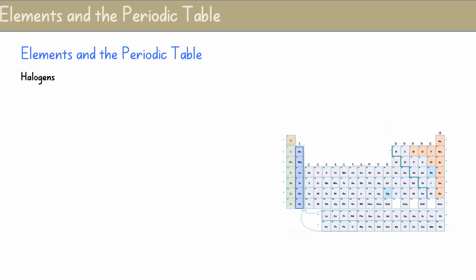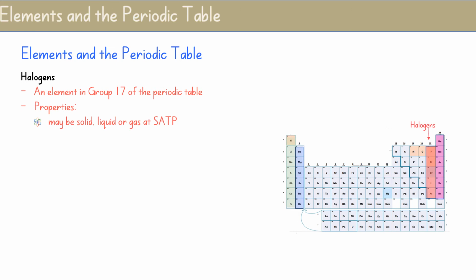Now, let's look at halogens. Halogens are found in group 17. An element in group 17 of the periodic table. Their properties are that they may be solid, liquid, or gas at SATP. They exhibit non-metallic properties.